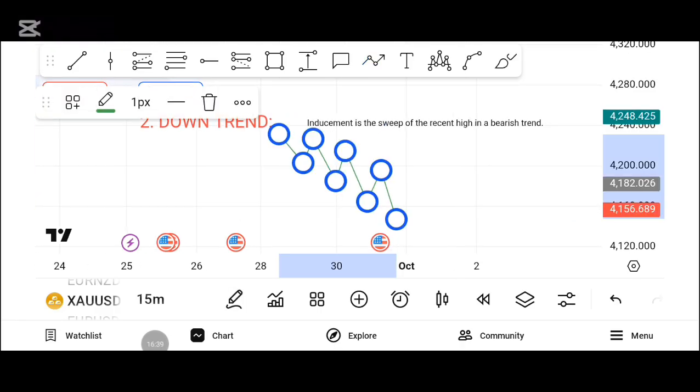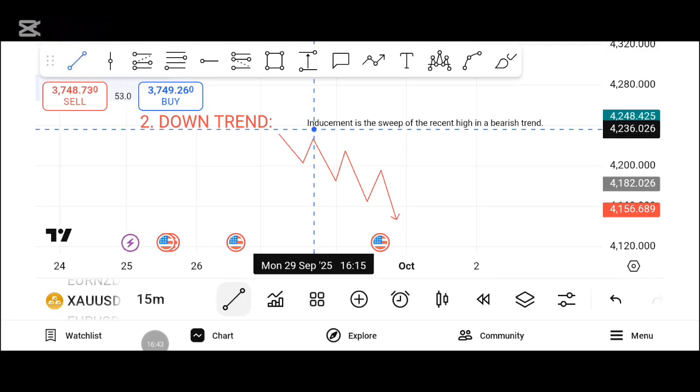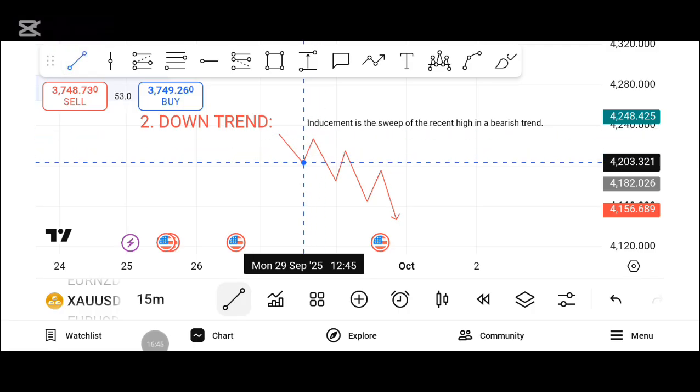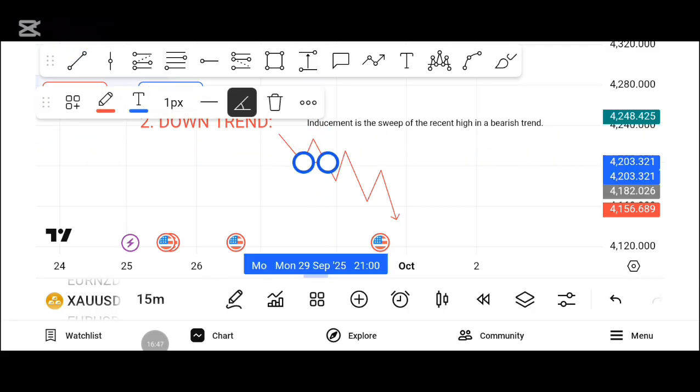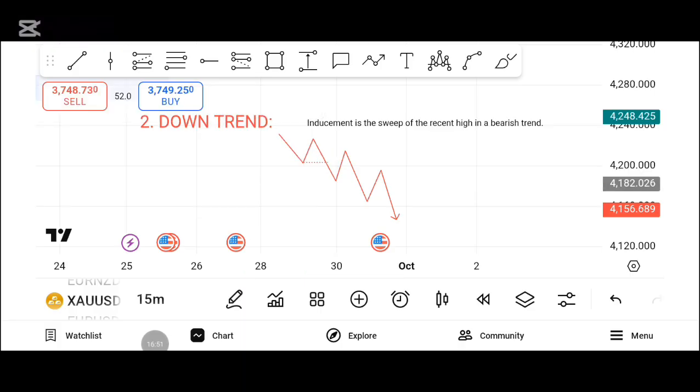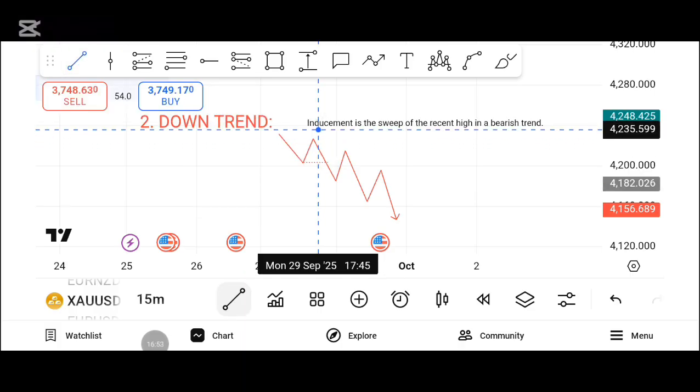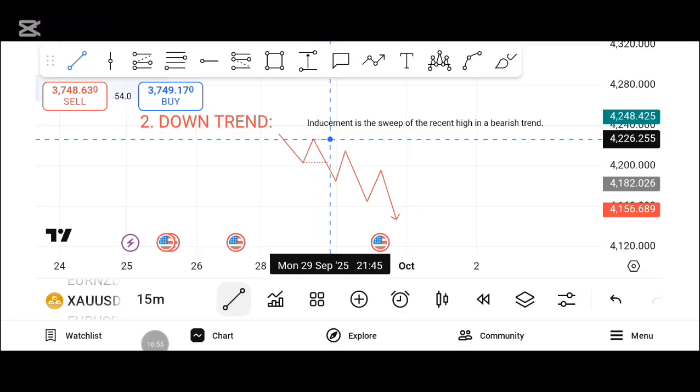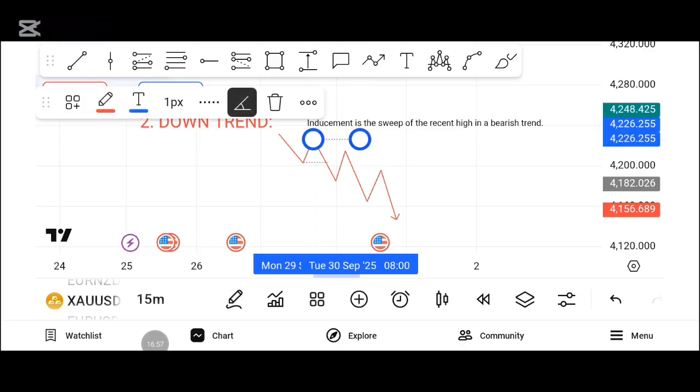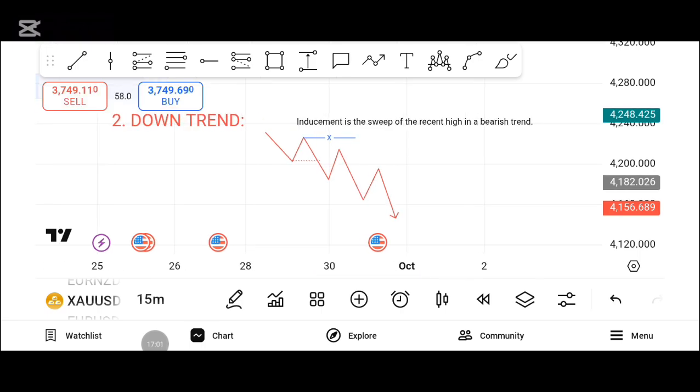It simply means that after the break of this high here, our inducement was sitting down here.